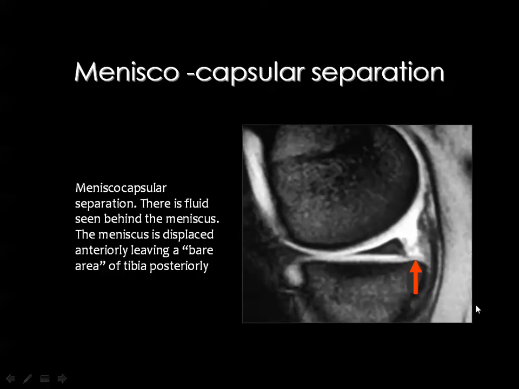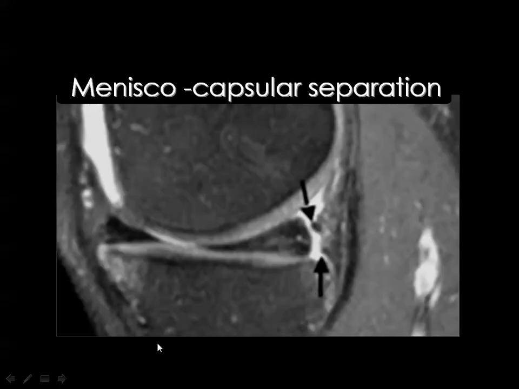If you see this appearance, a gap between the posterior horn of the meniscus and the capsule, and the gap is filled with fluid, and this is particularly on the medial aspect of the knee, then you may be able to diagnose meniscocapsular separation. In this injury, the posterior horn is not torn in most of the cases, but it is separated from the capsule, and the separation should be filled with fluid.